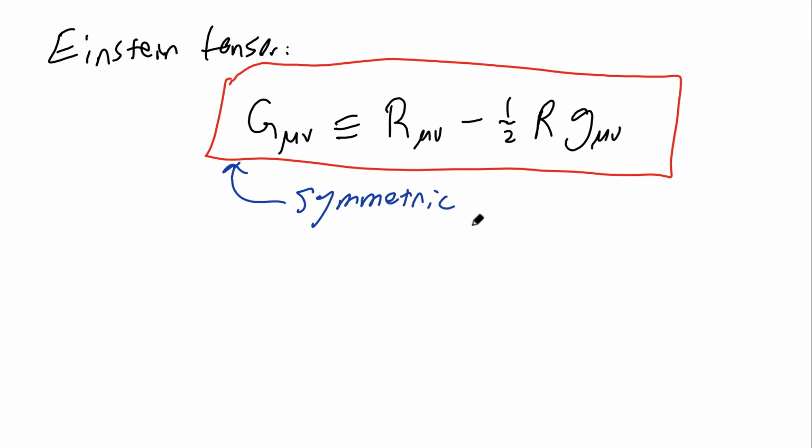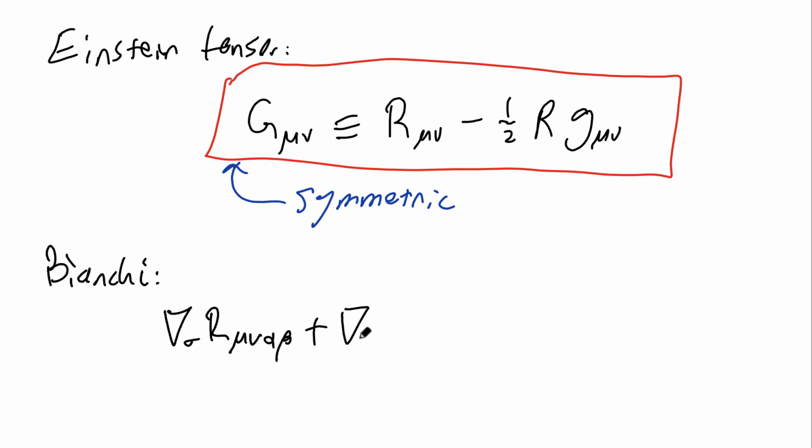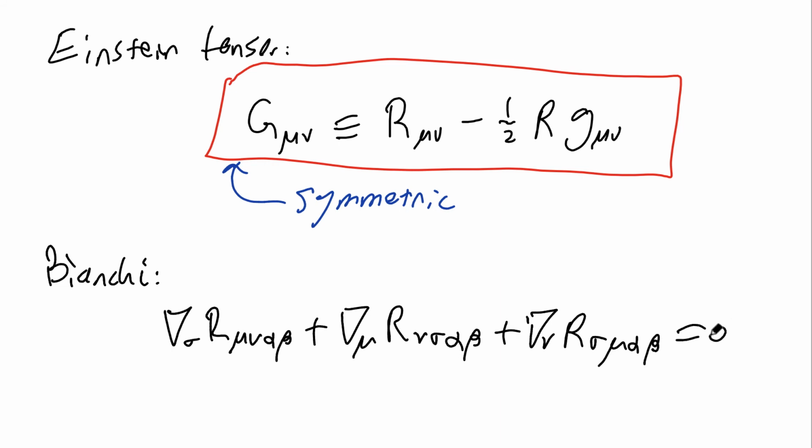One hint as to why this combination of Ricci and the curvature scalar is important can be seen by examining the Bianchi identity. So let's write that down once again. This is ∇_σ R_{μναβ}, and we cyclically permute the first three indices: ∇_μ R_{νσαβ} plus ∇_ν R_{σμαβ} equals 0.